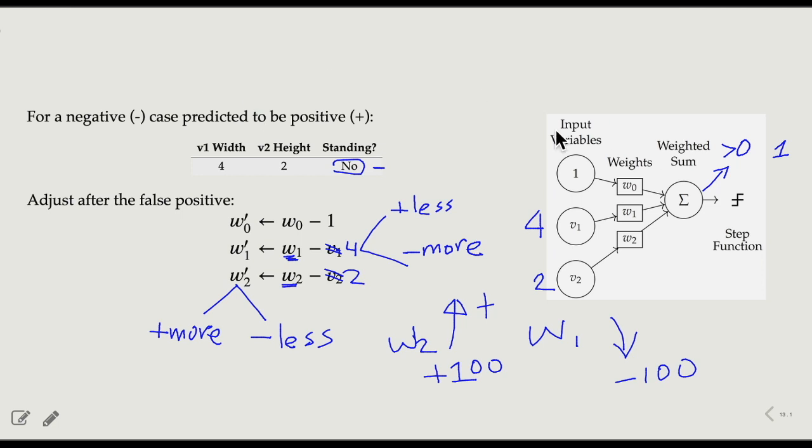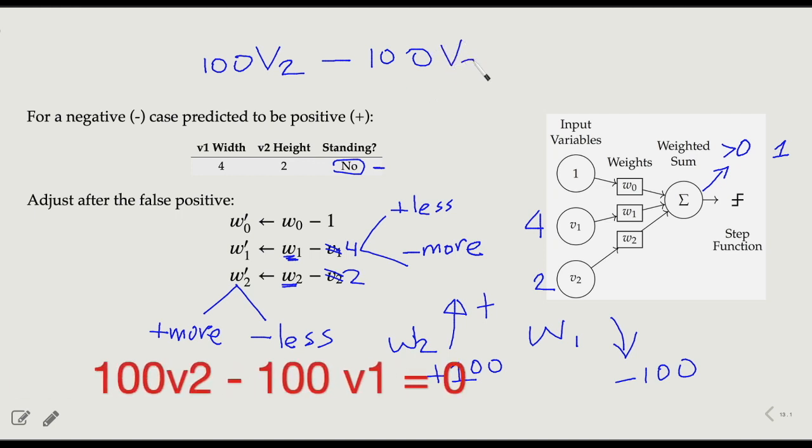When we plug the values back in, we are going to have a formula something like 100 V2 minus 100 V1, because W1 is negative, equal to 0.